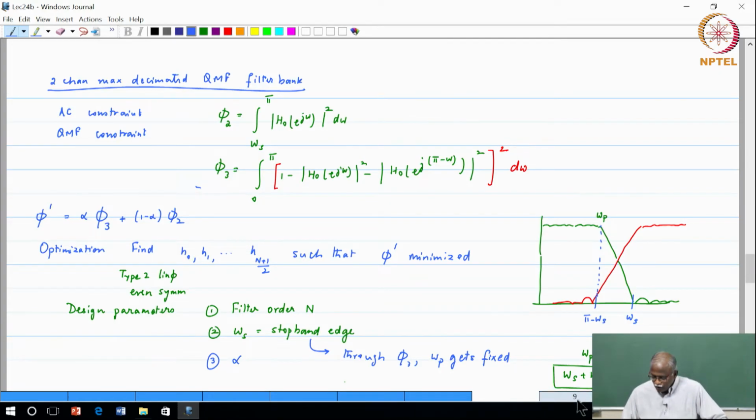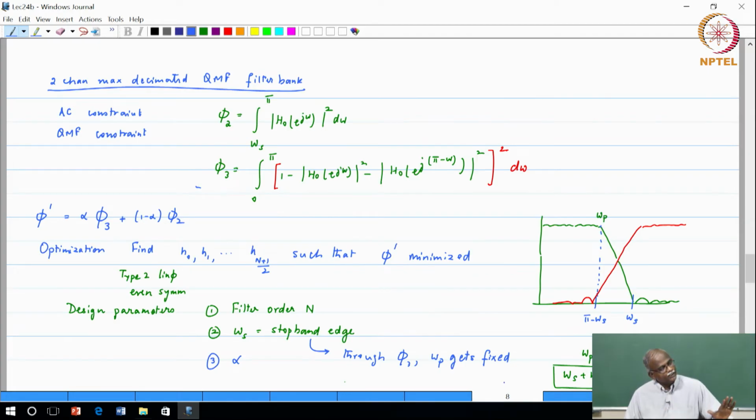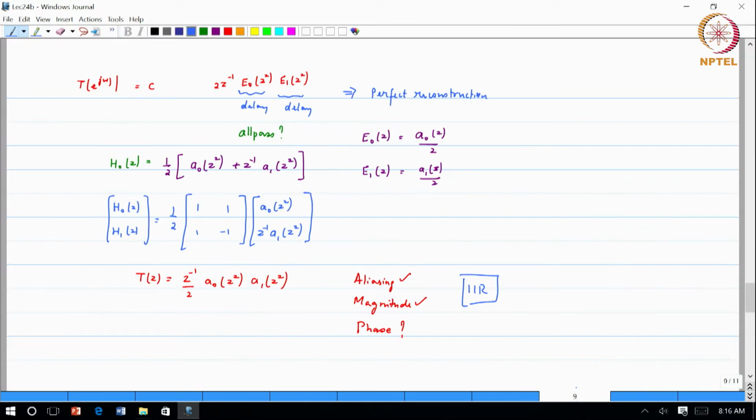Okay, now if you look at the polyphase decomposition, the phase elimination part is done, the design of the filter bank is done. We will do a MATLAB exercise just to make sure that we can actually verify the flatness constraint. Okay, the next part where we were trying to eliminate the magnitude distortion.